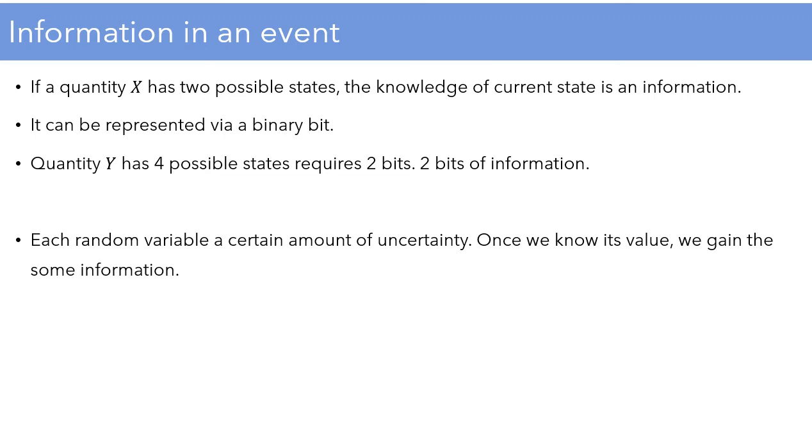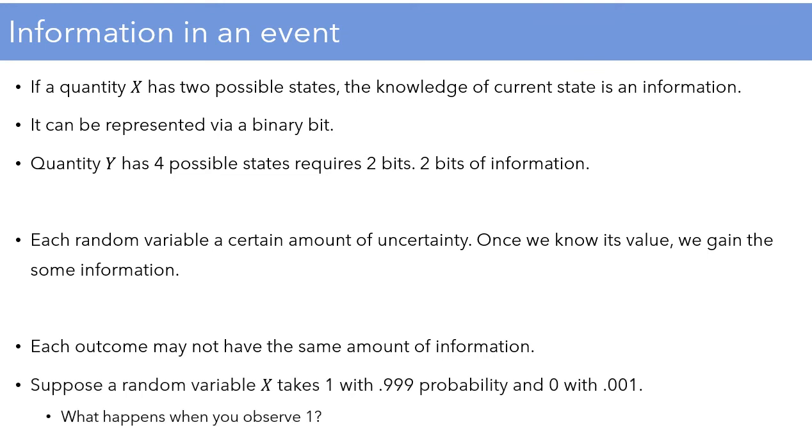So each random variable has a certain amount of uncertainty because we do not know what value it will take, and once we know its value, we gain that information. So that is what we call the information in a particular outcome or in a particular event. Now each outcome may not have the same amount of information, right?